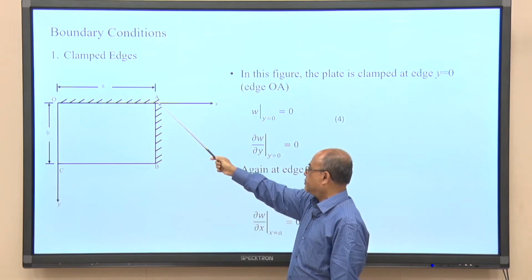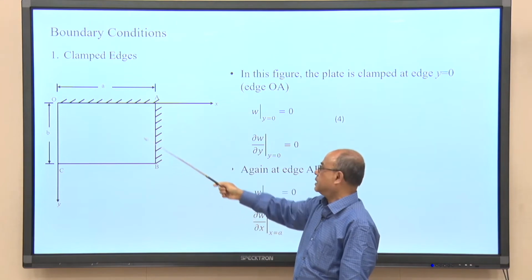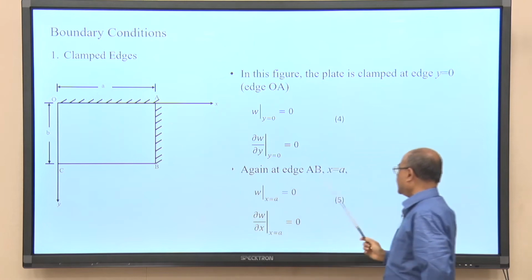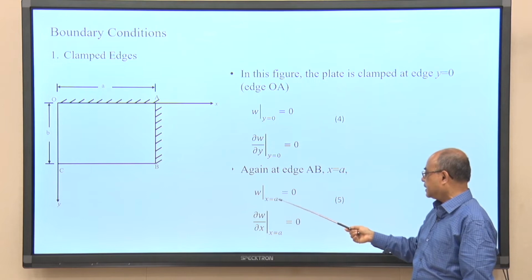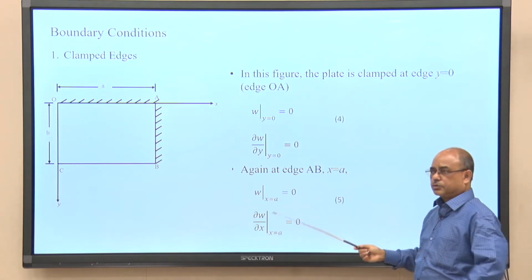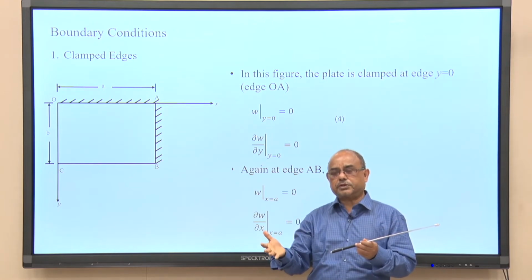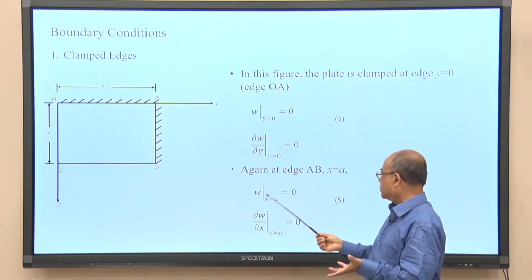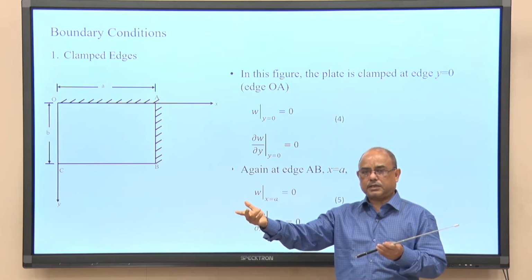So, any y coordinate on AB will vary from 0 to b, but x is fixed, x is a along AB. So, at x equal to a, the deflection is equal to 0. So, whatever deflection solution you obtain involving the 4 constants of integration, you can impose this condition at x equal to a to relate the constants with their 0 value.